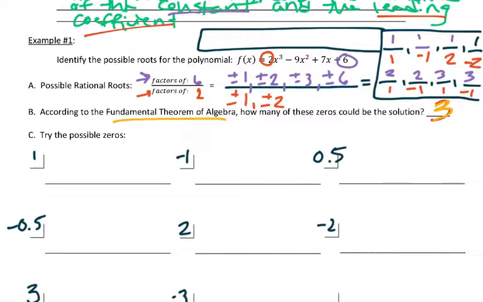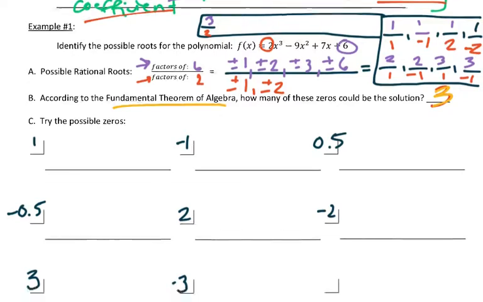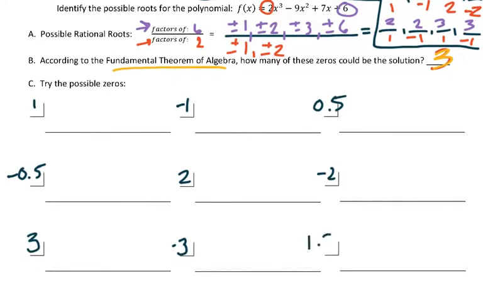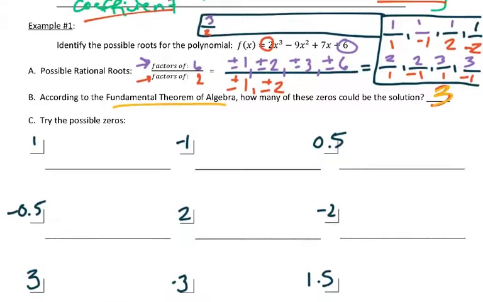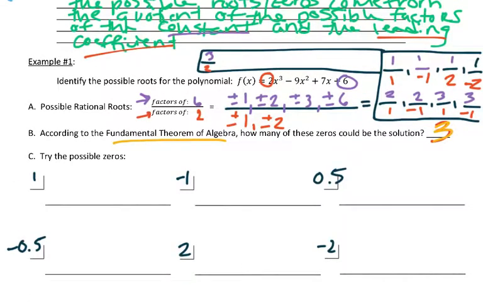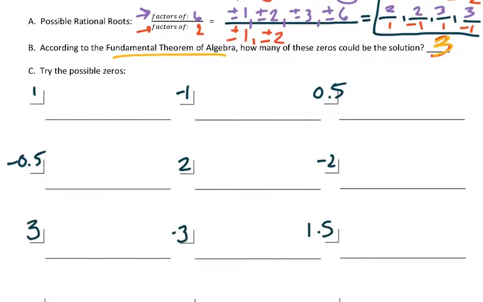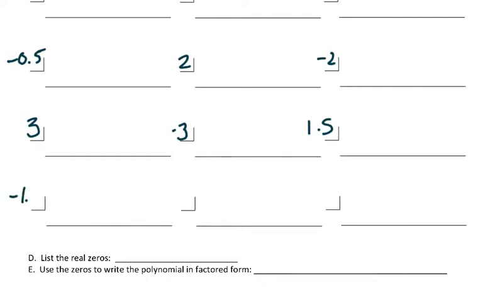So 3 over 2 is just 1.5, so that can work out. I haven't listed that one yet. And then we also have 3 over negative 2. And 3 over negative 2 makes negative 1.5.